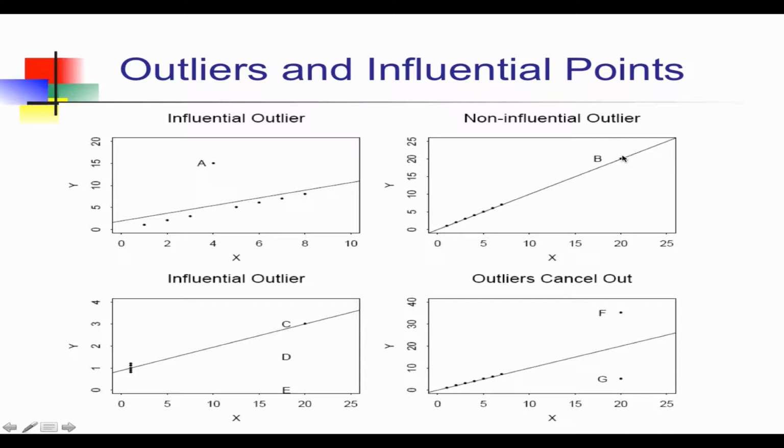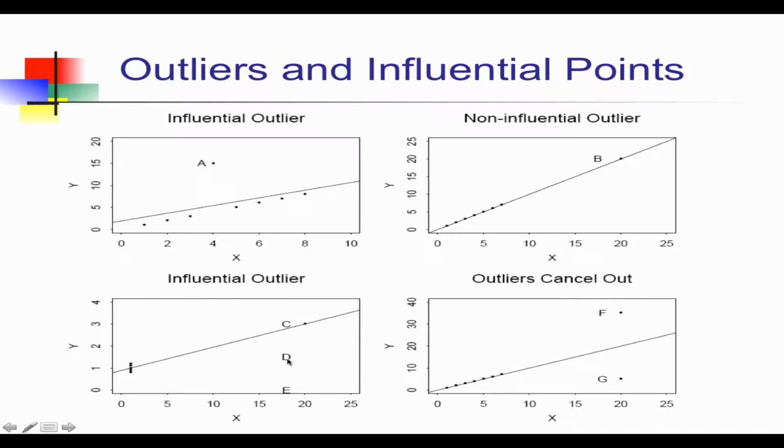This one is an outlier in both y and x, but it's a non-influential outlier because it lies on the faded line, and the faded line fits the others as well. This A would be quite an influential outlier, because this whole faded line is pulled up by this one observation, right?